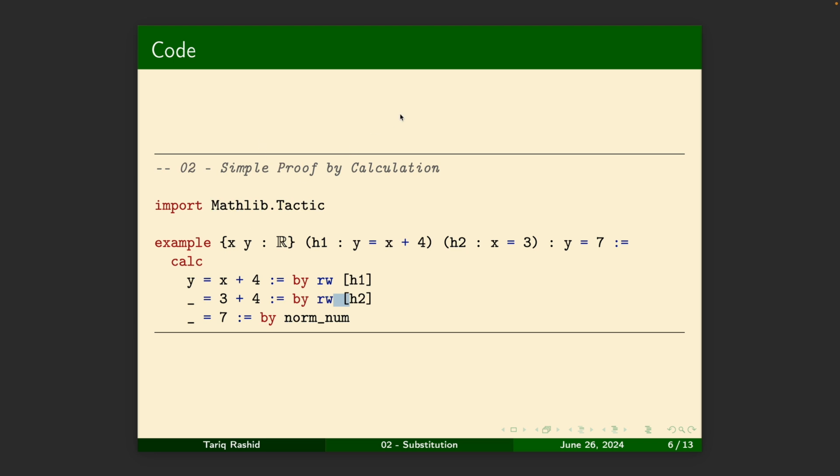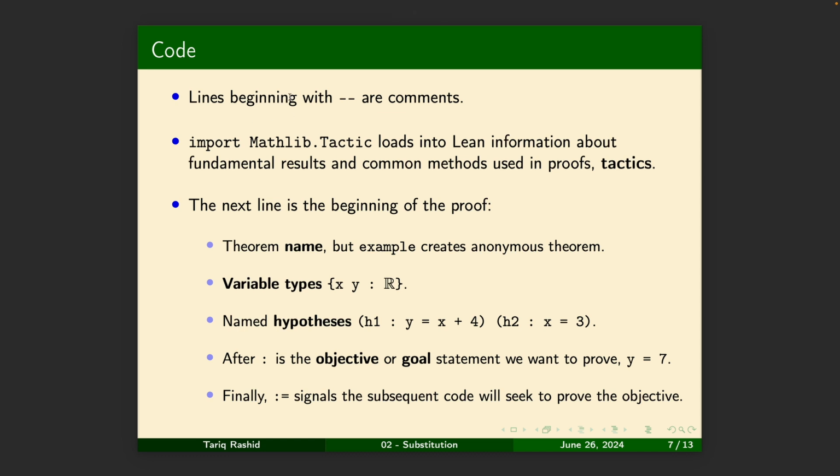What else did we want to say about this code? So we've talked about the comments, we've talked about the import, so it loads in information. We've talked about the theorem name, and we've talked about why it's example. We did that in the previous video actually. We've talked about establishing what the types of those variables are, the real numbers.